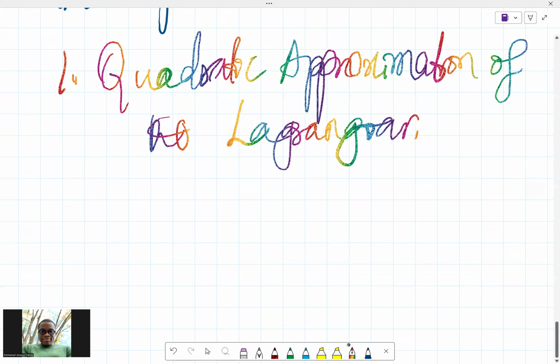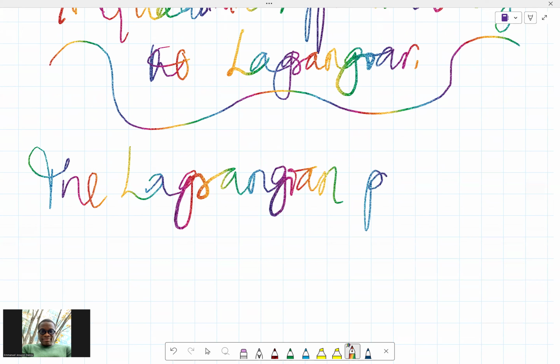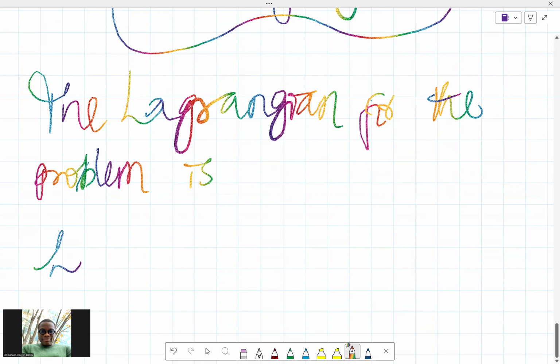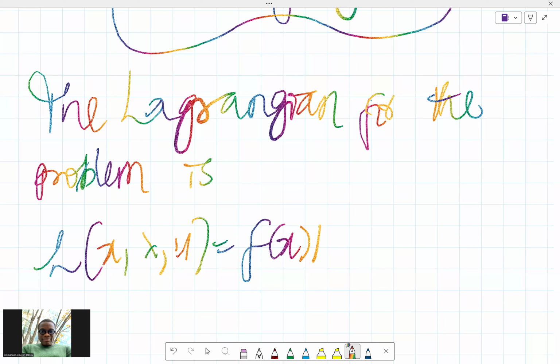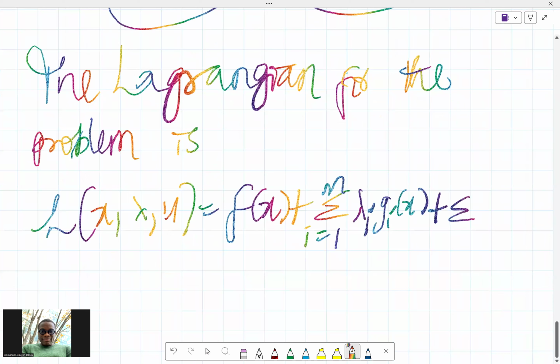So the Lagrangian for the problem is L of x, lambda, mu equals f of x, that's the objective function, plus the summation from i equals 1 to m of lambda i times gi of x, talking about the equality constraints, plus the summation from j equals 1 to p of mu j multiplied by hj of x, talking about the inequality constraints.